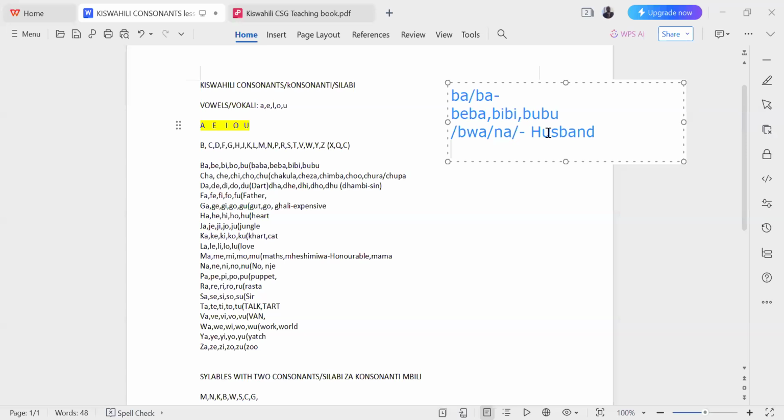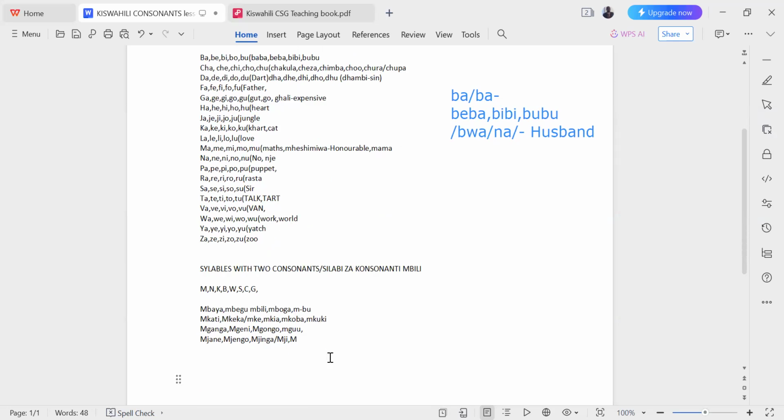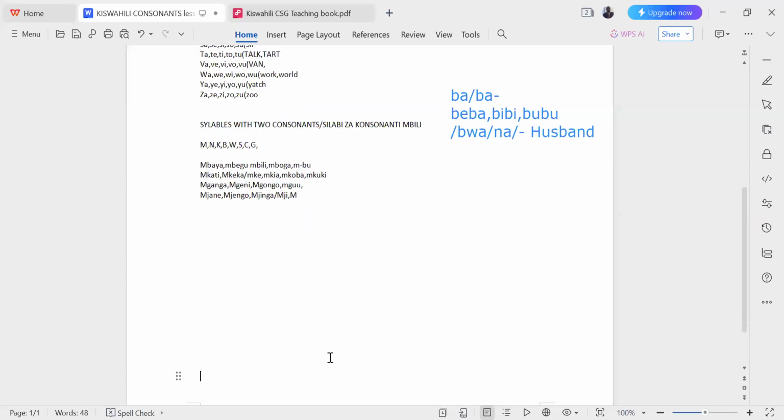Most of the consonant syllables made up of two letters are in the letter M, the letter N, and the letter we are looking at today. Letter M has a lot of syllables that combine an M consonant and any other letter, and that's where we want to start today.